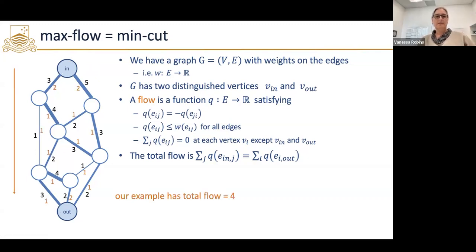All right, so on that particular example, we've assigned a function and we've calculated our total flow to be 4. But I can keep pushing through a little bit more flow, right? I hadn't reached the maximum capacity on my edges there. So I can increase the flow a little bit to now have a value of 5.